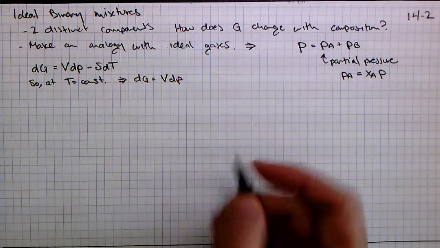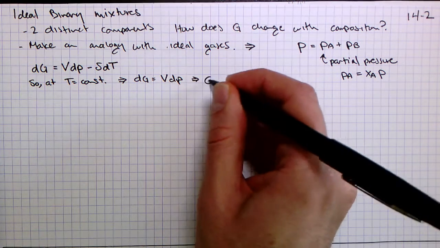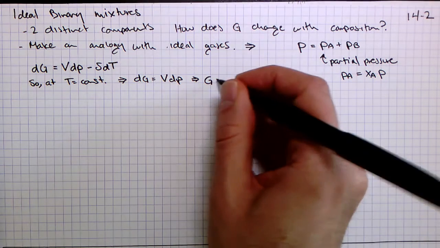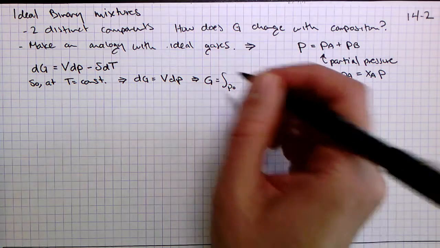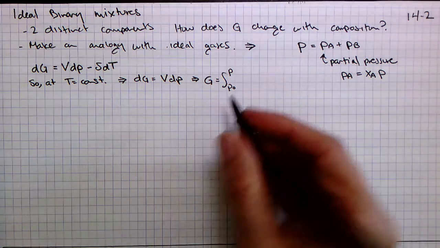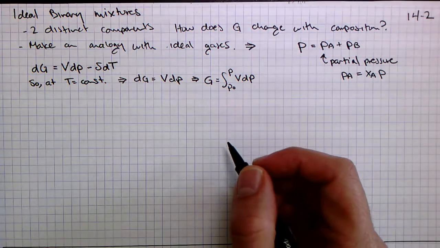And we know that we could obtain G by integrating from some reference pressure, P0, to the P we want, V dP, right? And we did this in the case of the van der Waals gas.